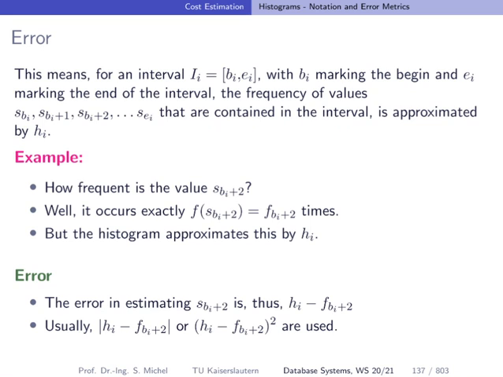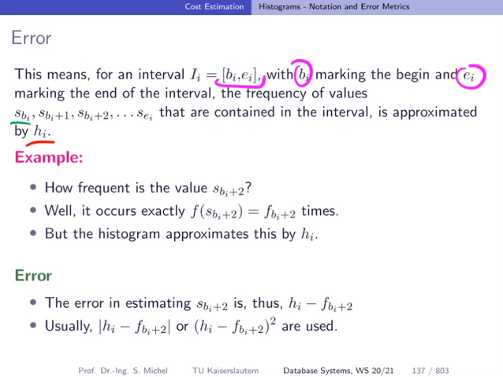Each interval has a beginning and an end, denoted bi and ei. So it contains the values SBI, SBI plus 1, SBI plus 2, and so on, until SEI, the end of the interval. The frequencies of these values are approximated by the height of this histogram bucket, hi, and we're talking about the average frequency here.